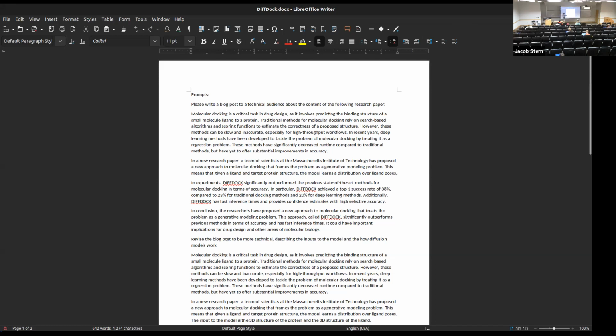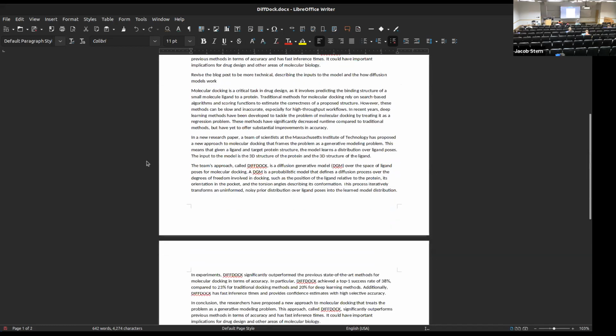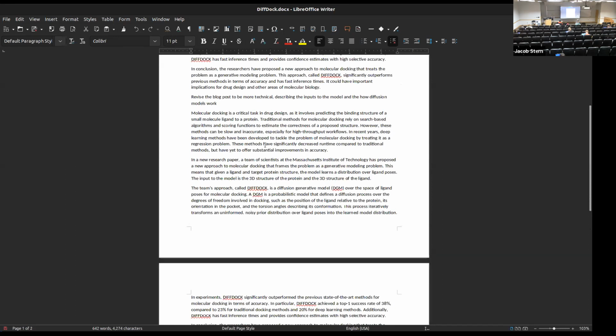So I asked it, revise the blog post to be more technical, describing the inputs to the model and how diffusion models work. And it returned the exact same content, but it added the input to the model is the 3D structure of the protein and the 3D structure of the ligand.